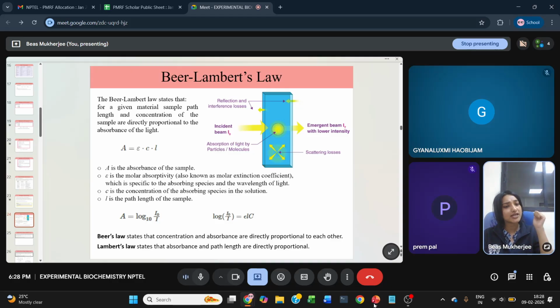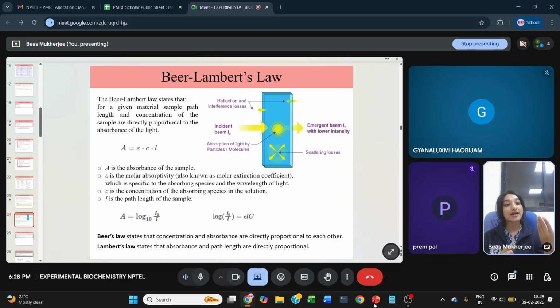Path length is often taken as 1 centimeter. For a 1 centimeter path length, the concentration of the sample is directly proportional to the absorbance of light. So if you know the absorbance of the sample, how much light is absorbed, then you can calculate the concentration of the sample if the path length is known as 1.